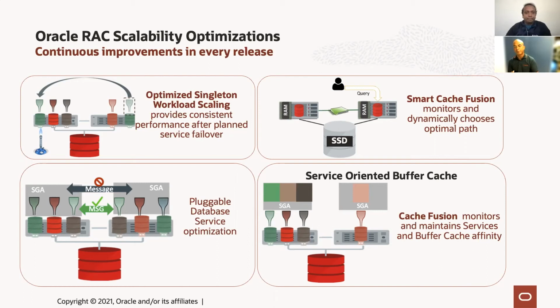We make sure that the buffer is automatically updated with the typical workload that it's running. If you have a stable workload, the performance benefits would be very similar to what you'd get on a single instance.